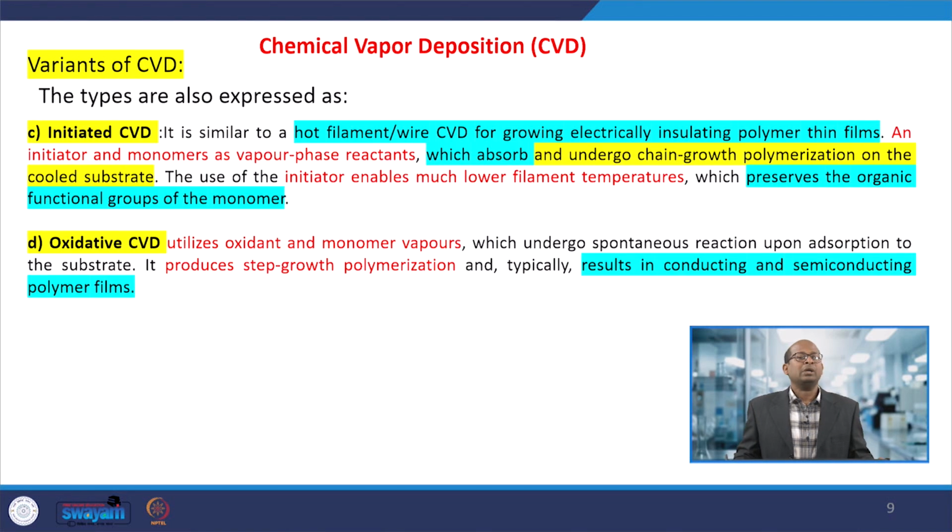Another type of CVD is initiated CVD, which is similar to hot filament or wire CVD.